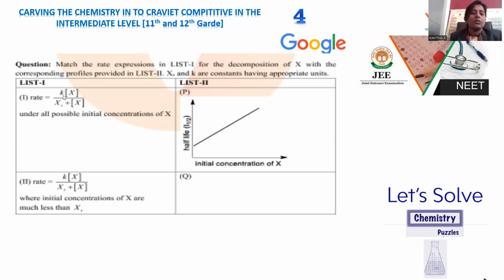So rate is equal to Kx by K0 plus x, where x is taken in the square bracket. Square bracket indicates what? It's a concentration. Fine. Under all possible initial concentrations of X. So at that condition, the graph will be represented with the initial concentration of X taken on the X coordinate and half-life, t half, taken on the Y coordinate, so that y is equal to mx plus c type of graph will be represented, where the intercept is positive.